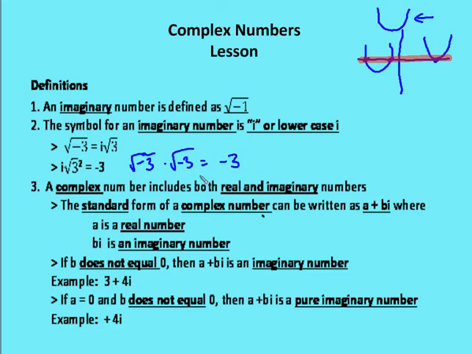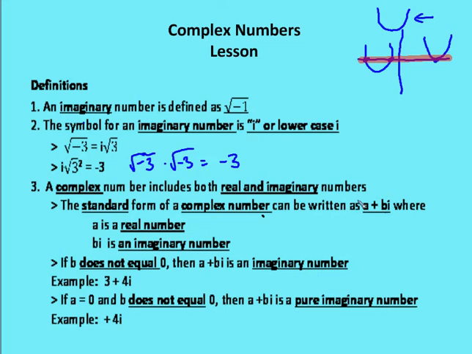Now a complex number includes both real and imaginary numbers. A real number would be 1, 2, 3, 4, or 5. An imaginary number would be the square root of a negative number. The standard form of a complex number can be written as the real number first plus the imaginary component, a plus bi, where a is the real number and bi is the imaginary number.